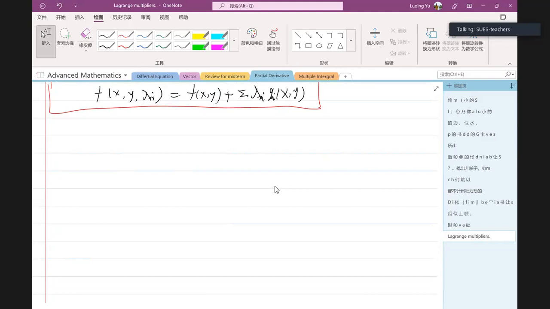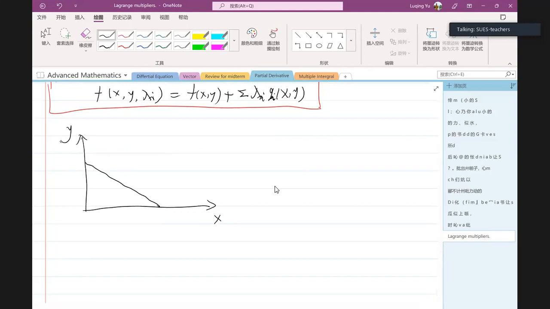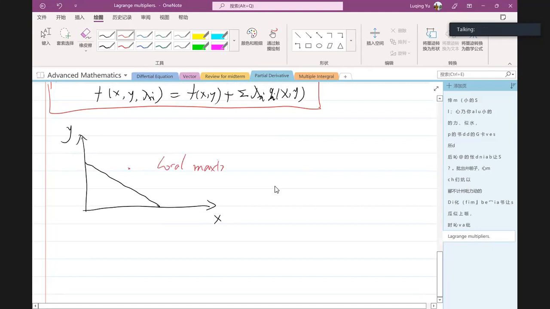Here, if you can see, in our contour plot, when I'm trying to explain what the Lagrange multiplier is, we will find that our local maximum or local minimum is actually outside of the constraint.